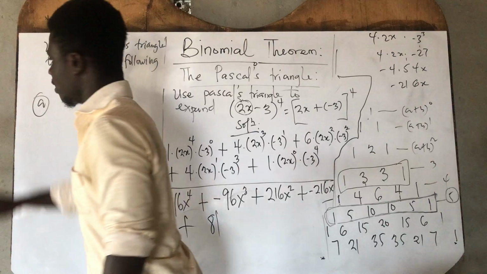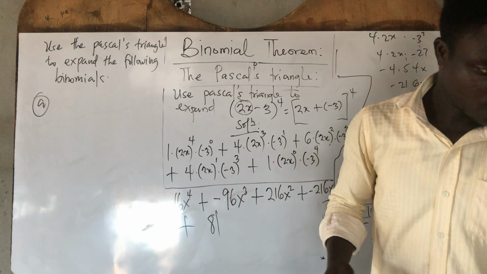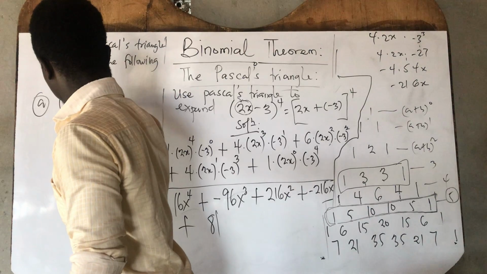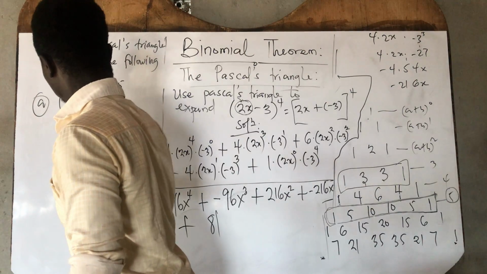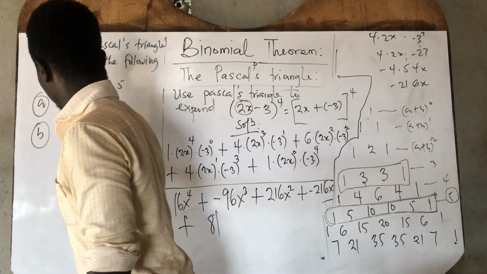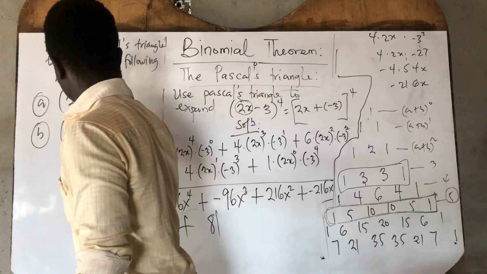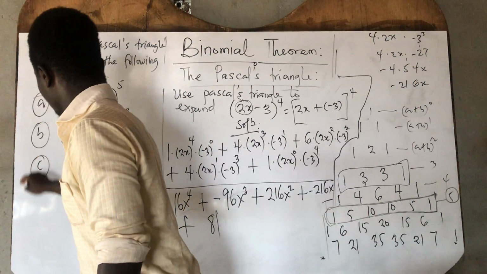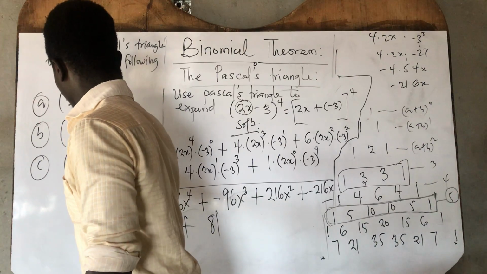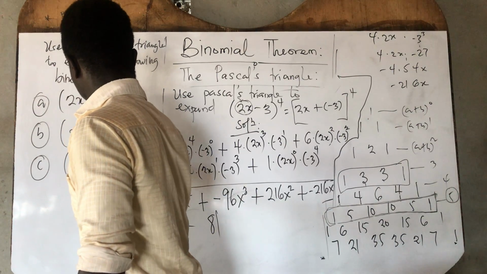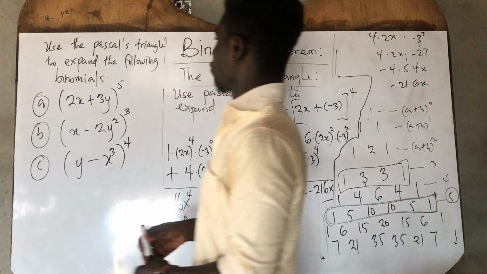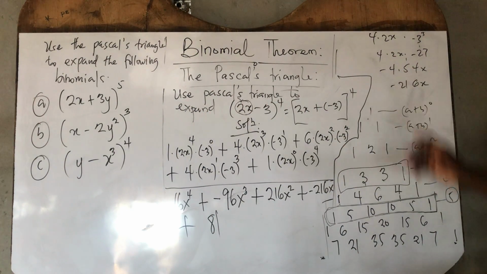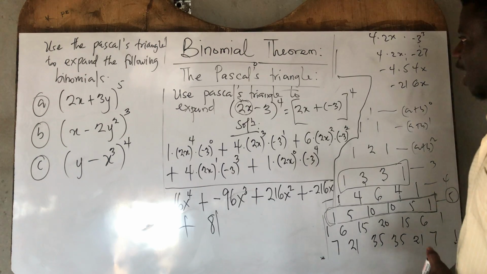A: (2x plus 3y) to the power 5. B: (x minus 2y squared) to the power 3. C: (y minus x cubed) to the power 4. So you expand the following using Pascal's triangle.